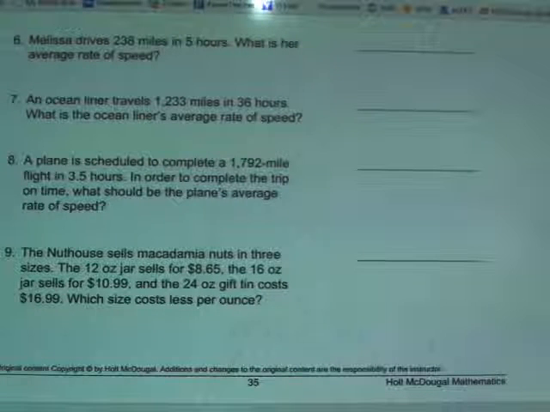So since they're saying per ounce, per 1 ounce, that means they want the ounces to go in the bottom. Now, one of the things we did not see in the notes today, not that it's going to make this any trickier, is that there are actually 3 comparisons to make here: the 12-ounce jar, the 16-ounce jar, and the 24-ounce tin. So we're going to be looking at all 3 to identify which one costs less per ounce.